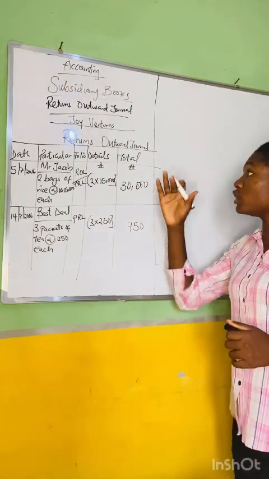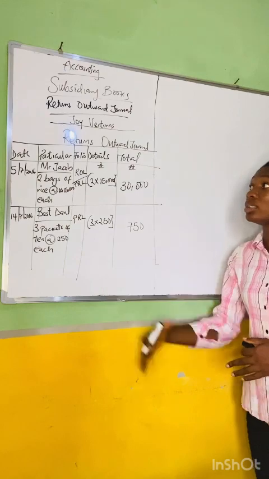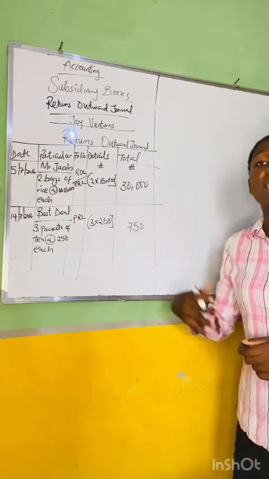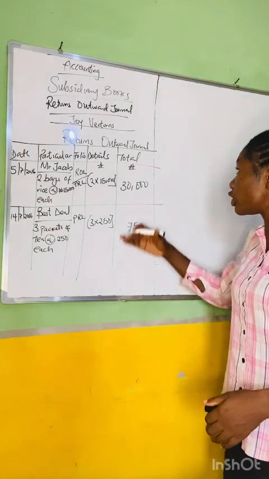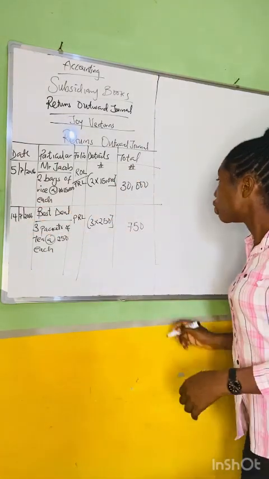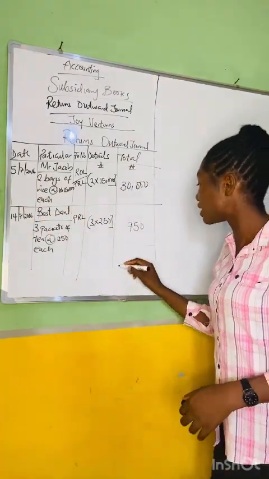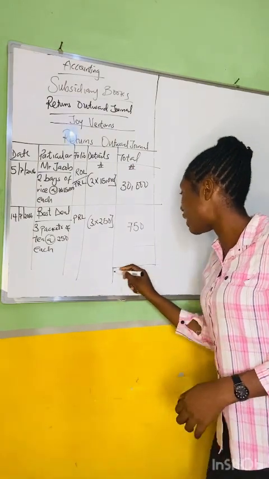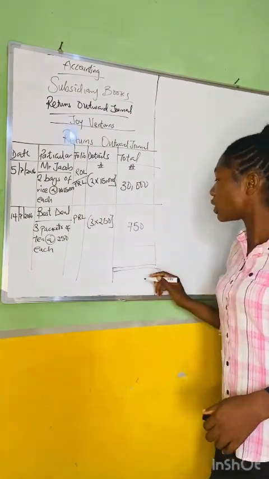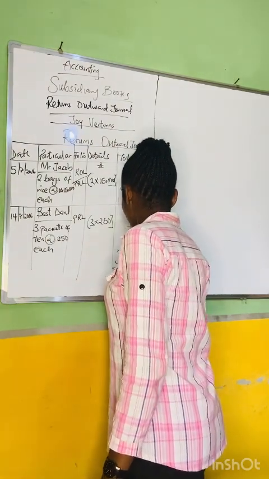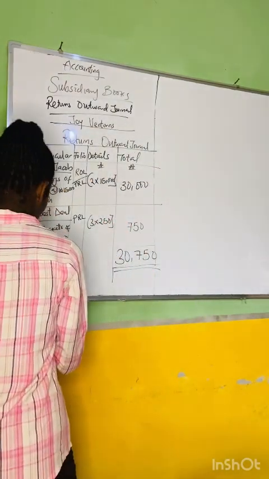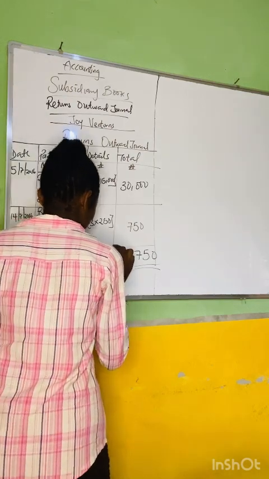So at the end of the month, usually subsidiary books are balanced monthly, and then the balances are transferred to the ledger. So at the end of the month of July, we'll be balancing this, extracting our total balance for our returns. So when you add it, we'll be having 30,750 naira. Good.